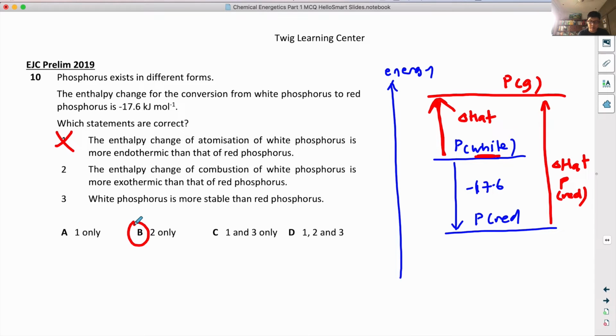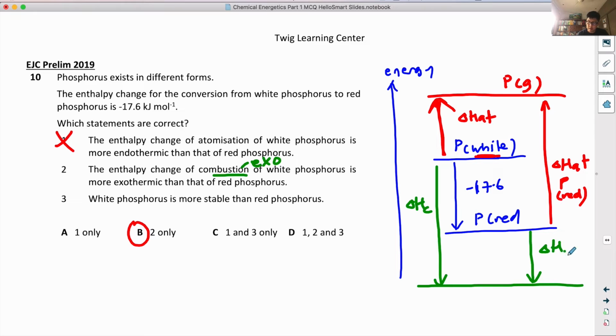The enthalpy change of combustion of white phosphorus is more exothermic. So when you combust, combustion is an exothermic reaction. So white phosphorus, when you burn, this is the enthalpy of combustion. Enthalpy of combustion for red phosphorus. So enthalpy of combustion of white phosphorus definitely is more exothermic. See, it's coming down. So maybe you get something like P4O10, right?